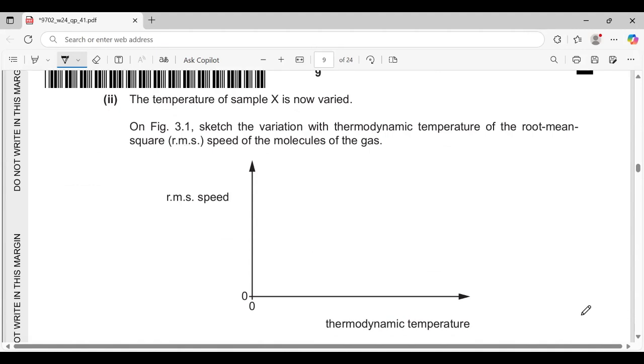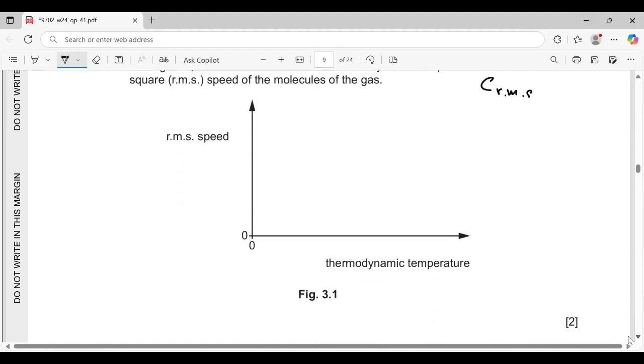I would like to use C RMS as the speed of the root mean square. To sketch the variation of the root mean square speed of gas molecules with thermodynamic temperature, we need to understand the relationship.